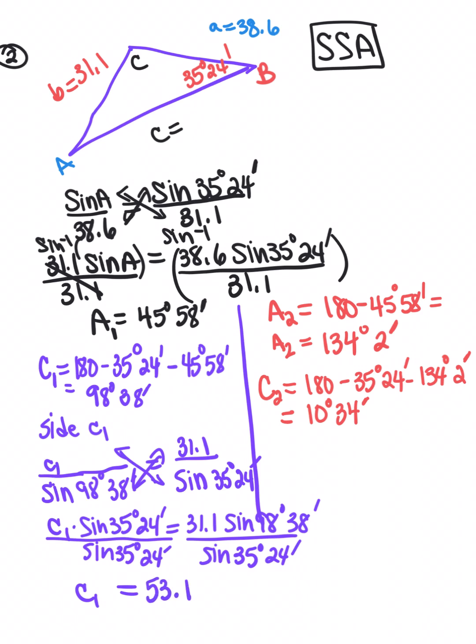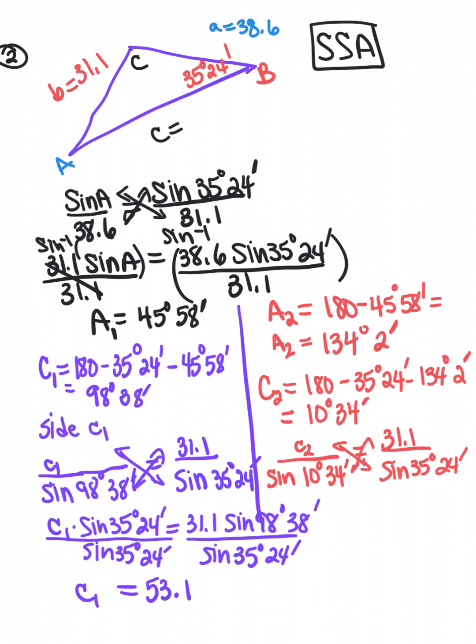So now we're going to find side C2. So for C2, C2 divided by sine 10 degrees 34 minutes is equal to 31.1 over sine of 35 degrees 24 minutes. Cross multiply and solve.